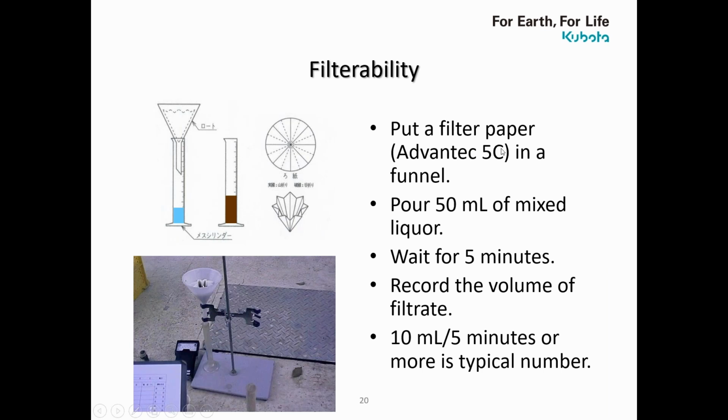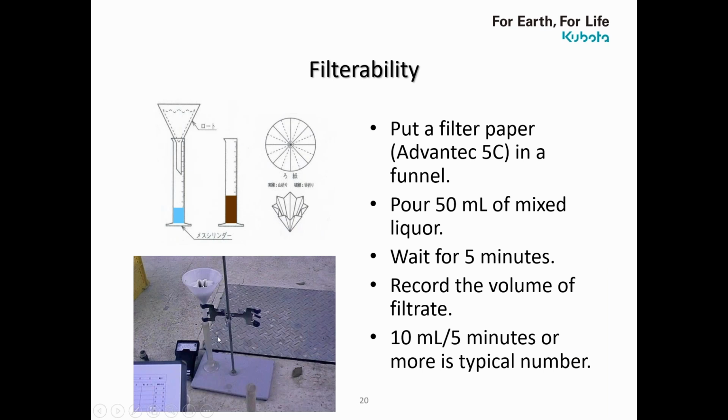We typically use an Advantec 5C filter, and then we take a sample of 50 milliliters of mixed liquor and pour it on this folded paper, and then we take 5 minutes and see how much water comes out. If it's more than 10 milliliters, it's okay. It's recommended to have more than 15 milliliters at least. A lot of plants have more than 20 in a healthy plant, and so the higher, the better, and it's easier to filtrate.